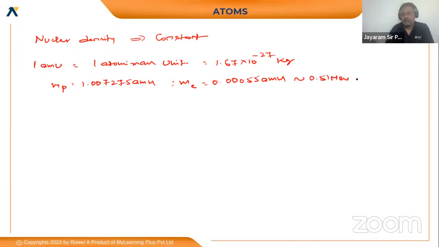And the last one is the mass of the neutron, which is 1.008665. So these are the mass values, please remember all of them.